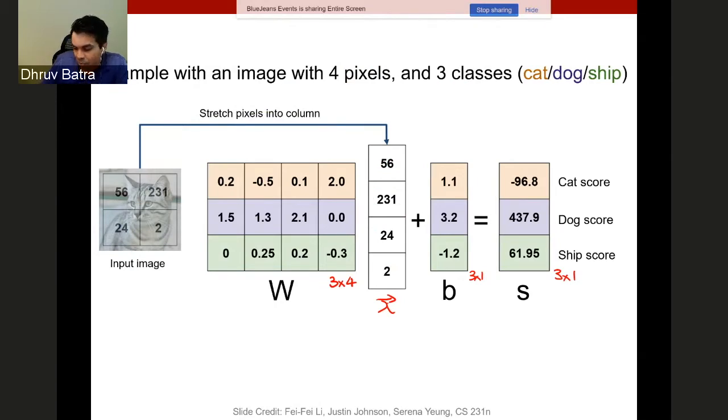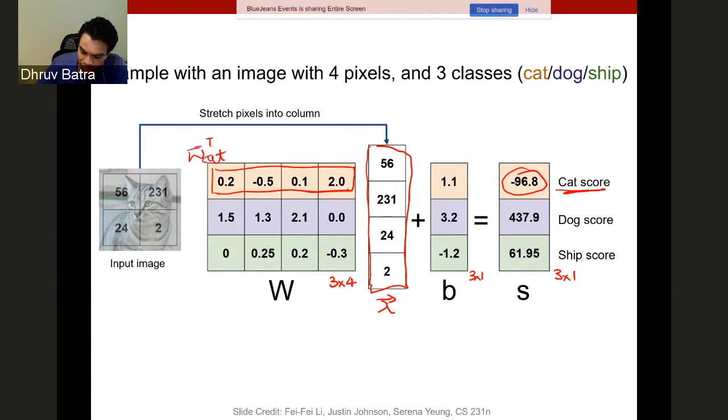Now, as soon as you do this, it becomes clear that you can start visualizing what's happening. If I want to construct the score for any particular class, I take my image, string this out into a long vector, and take a dot product with this row, because this I can think of as W cat transpose.